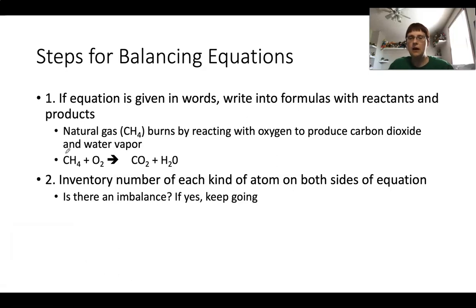So we've got carbon. This is how I always keep track. We've got hydrogen, and we've got oxygen. Whenever I do one of these, at least when I started working on them, this is how I would do it. I would make a list and say, okay, so I've got carbon. On this side, I've got 1. Hydrogen, I've got 4.